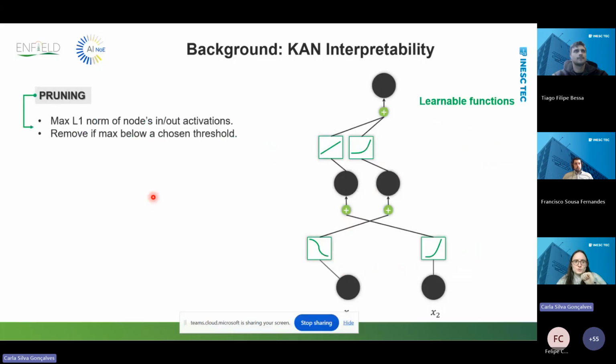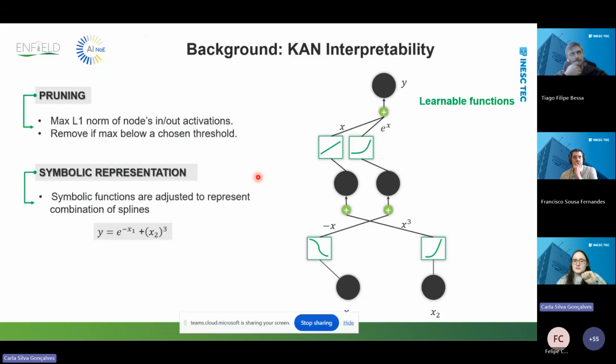One of the techniques to prune is we compute the max norm of node input and output, so the absolute value of the input in a certain layer and the output. And if the maximum of these two values is below a certain threshold, we prune this edge. So we can simplify the network a lot.